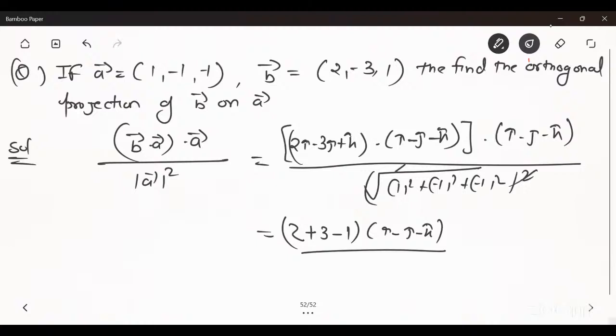So the square root will be cut by the square root upon 3. So it will become 4 upon 3 times, 2 plus 3, 5 minus 1, is equal to 4. 4 upon 3 times i minus j minus k cap. So this is the value of the orthogonal projection of vector B on A. Correct?